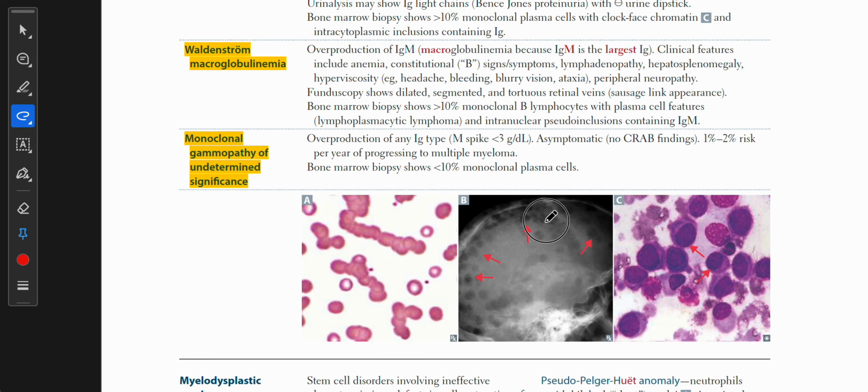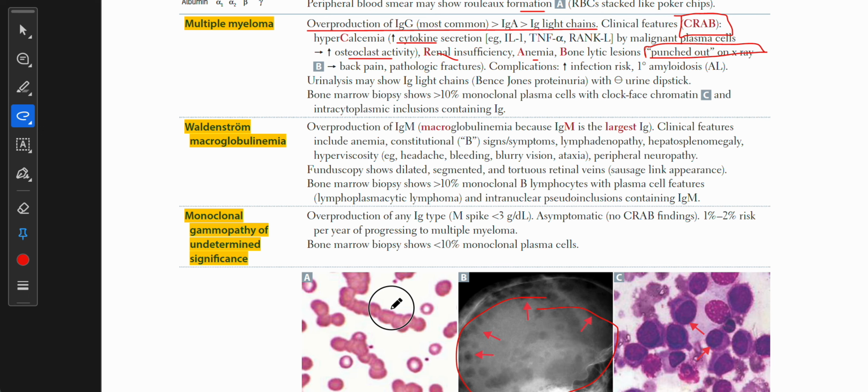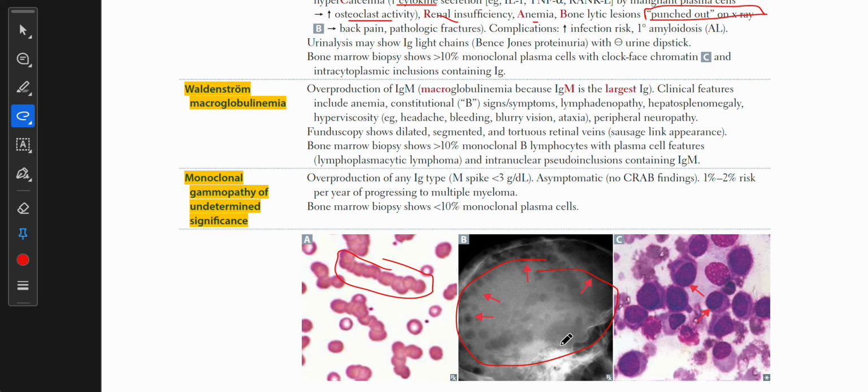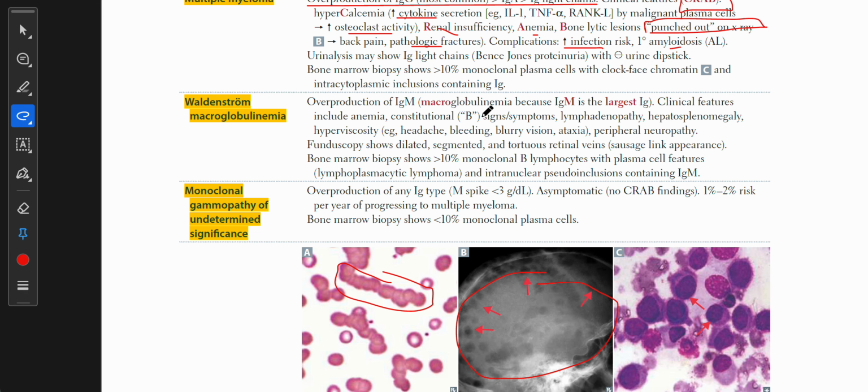You can see there are punched-out defects on X-ray right here. And A, RBC rouleau formation; here you can see the figure of rouleau formation. On X-ray, it usually presents in the skull, and back pain and pathologic fractures can also occur. The complications are infection risk and primary amyloidosis. Urinalysis may show immunoglobulin light chains.